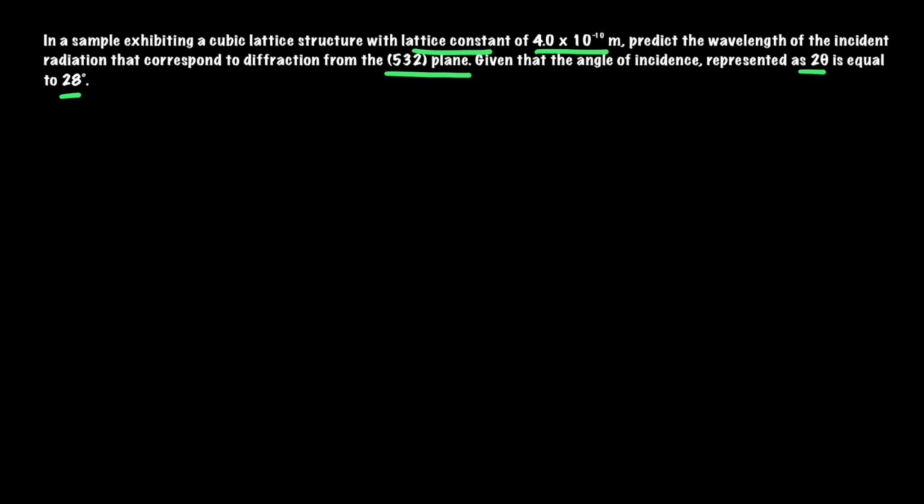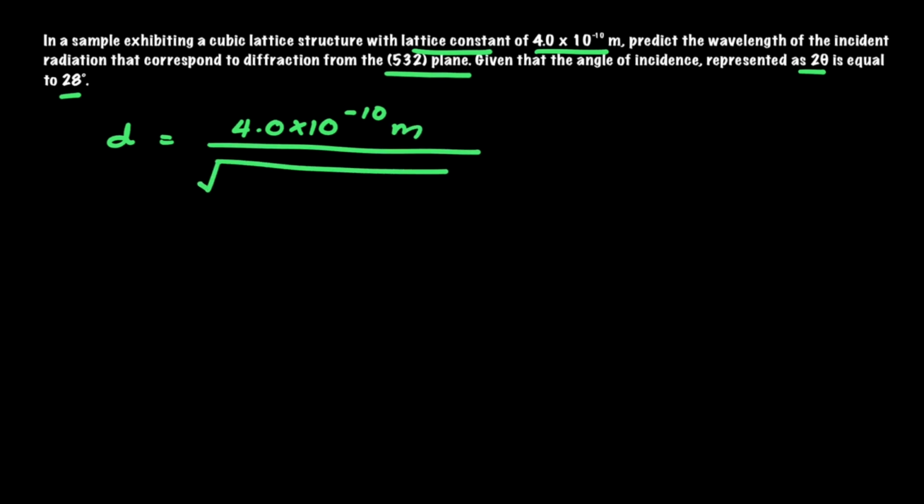So what we can use now is to find the d spacing, which is equivalent to the lattice constant, 4.0 times 10 to the power of negative 10 meters, divided by the square root of h squared plus k squared plus l squared, so 5 squared plus 3 squared plus 2 squared.